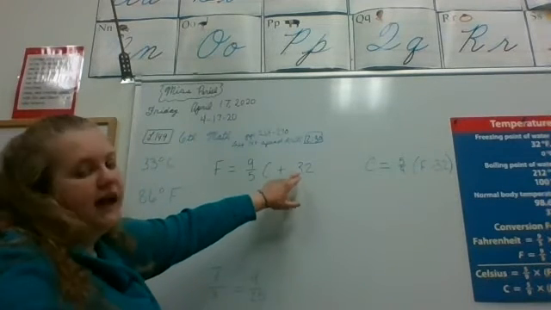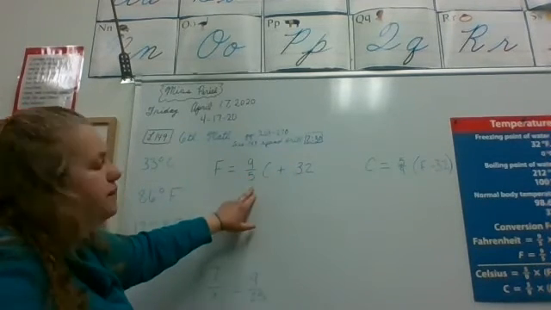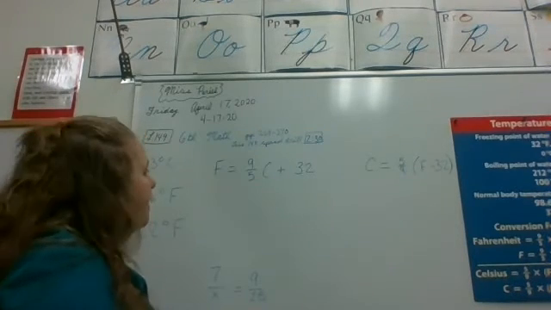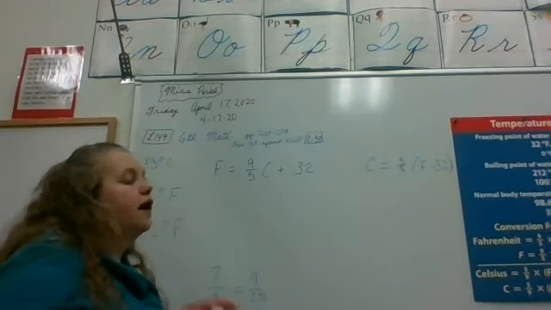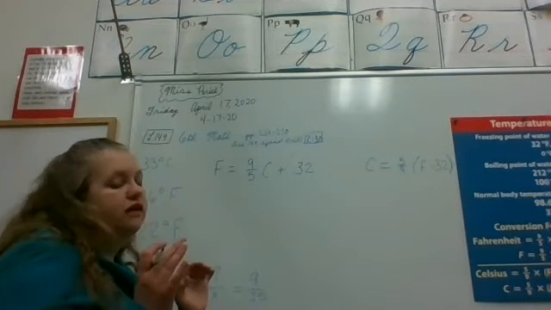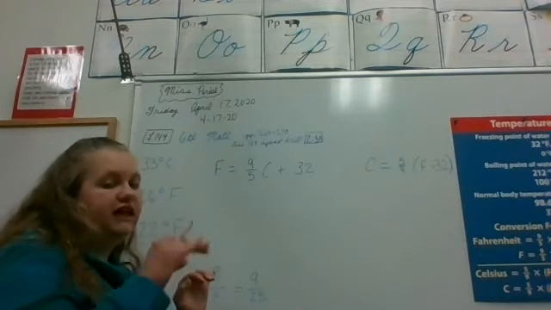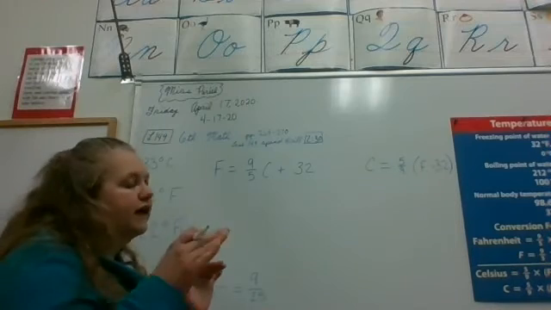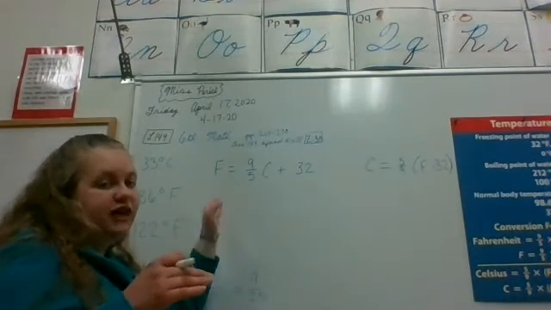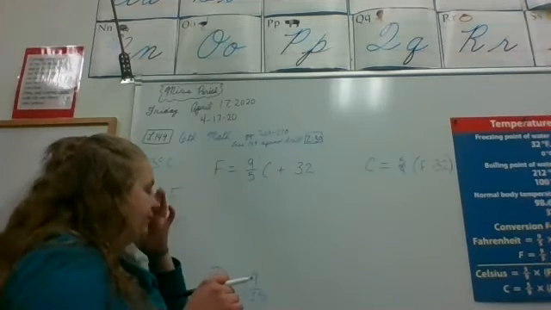Now do we add the 32 first or do we multiply first? We multiply first, right? Because our order of operations is parentheses, powers, multiplication and division in the order that they come, from left to right, and then addition and subtraction from left to right in the order that they come, okay?